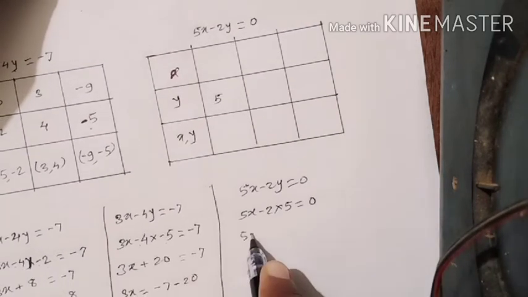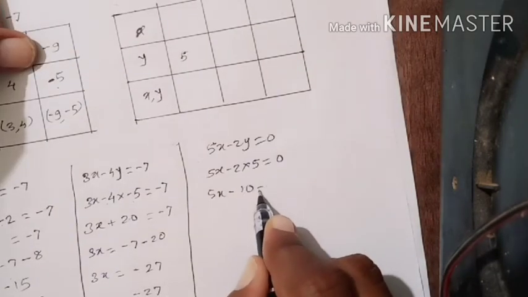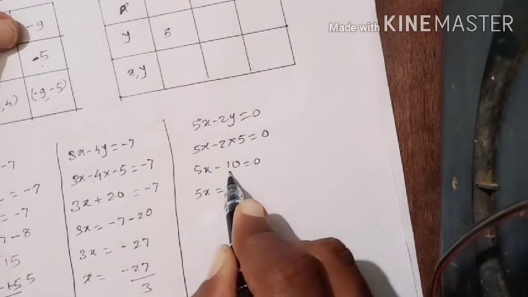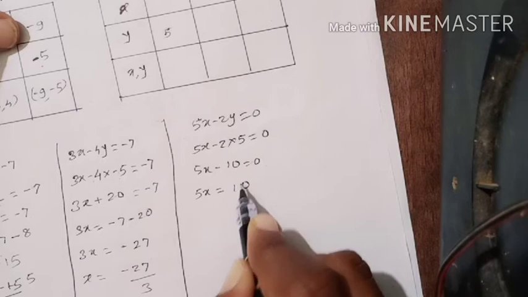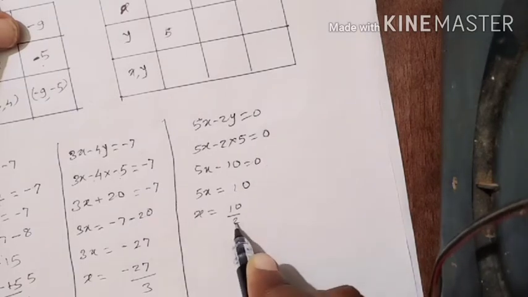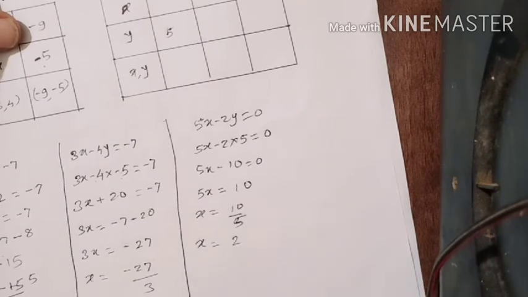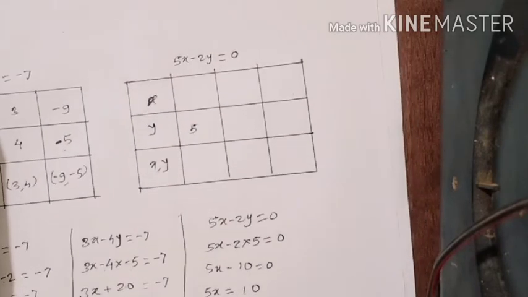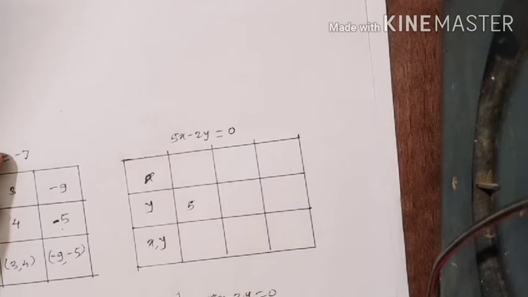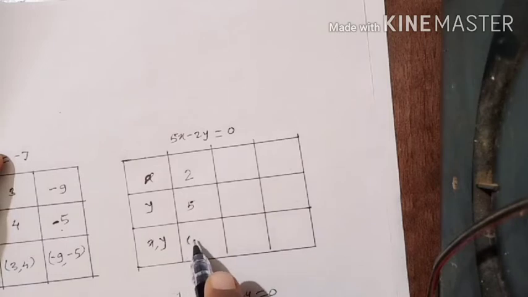Now 5x minus 10 is equal to 0. Now 5x is equal to 10, minus 10 becomes plus 10, and x is equal to 10 by 5. Therefore x is equal to 2. In this way, when we put the value of y as 5, we get the value of x is equal to 2. I will write here 2, and the coordinates will be 2 comma 5.